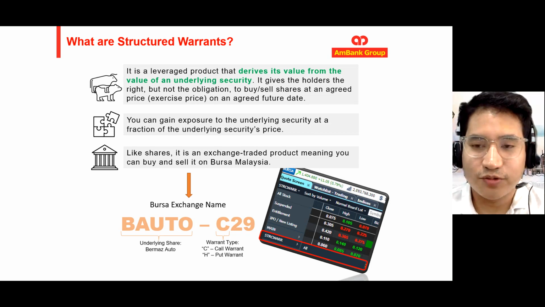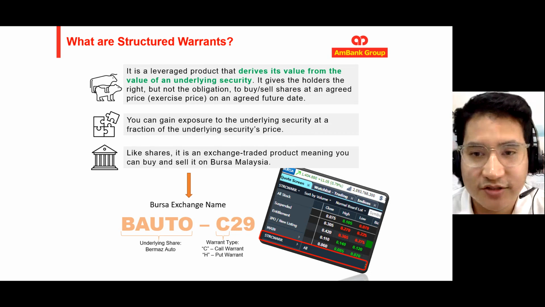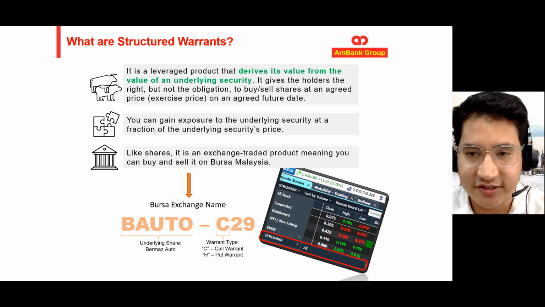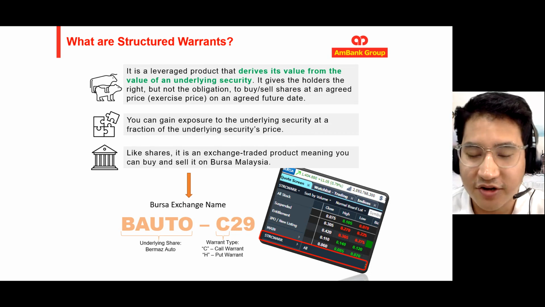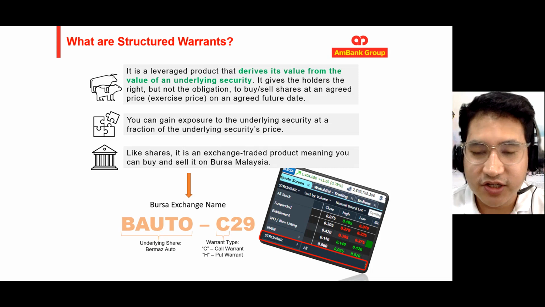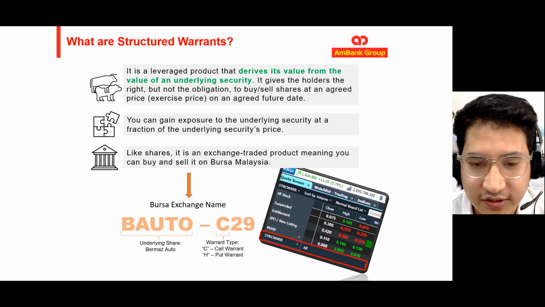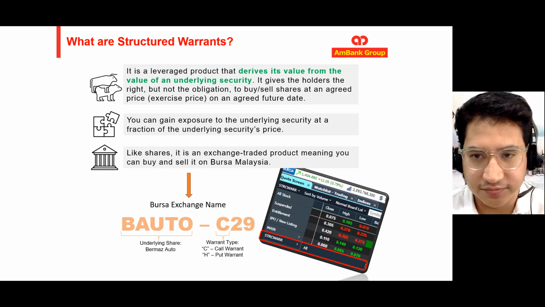A structured warrant gives the holder the right, but not the obligation, to buy or sell shares at an agreed price, which is known as the exercise price, on an agreed future date. This future date is more commonly known as the maturity date. This right that you hold when you buy the warrant has a value, and the value is usually much cheaper than if you were to buy the underlying security.